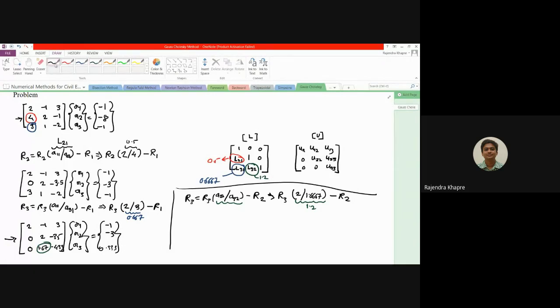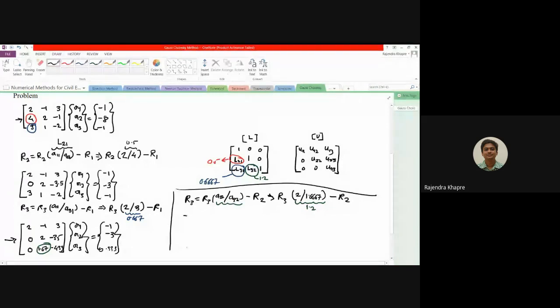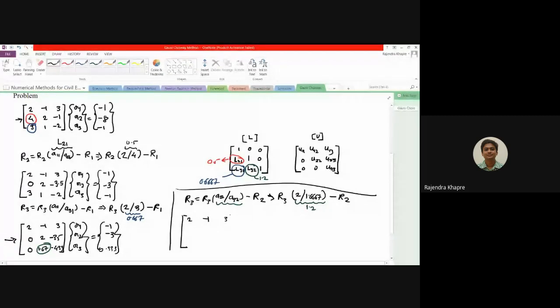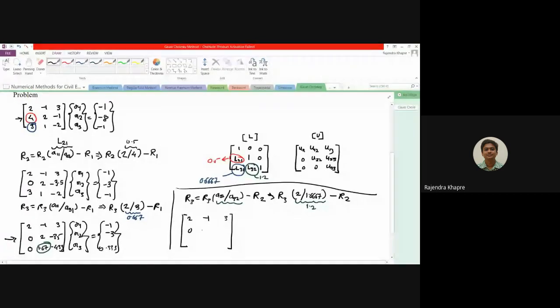Now let us do the operations. We are working on the third row, so I am not changing the first and second row. So this will be 2, then minus 1, then we have 3. Then we have 0, 2, minus 3.5 into x1, x2, x3 equals minus 1, minus 3. Yes, and then you have this R3.